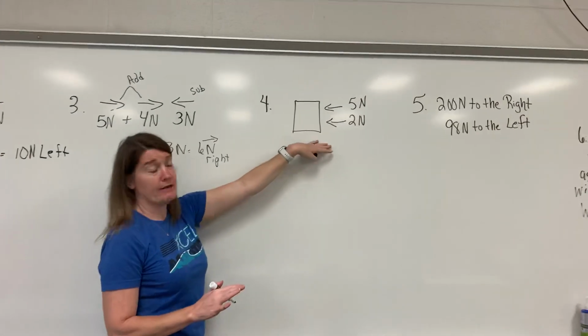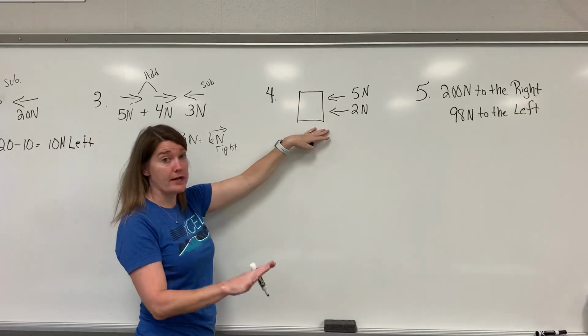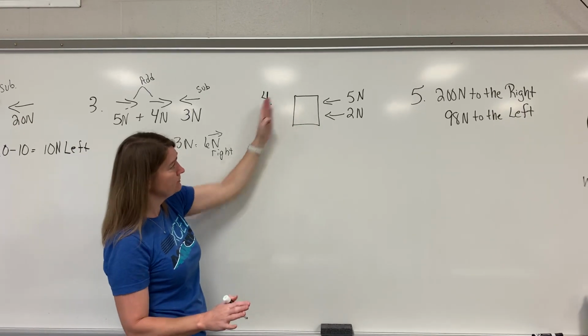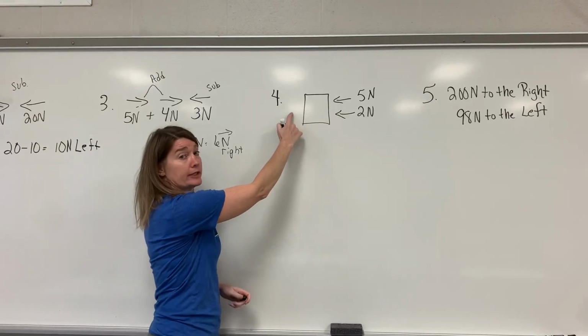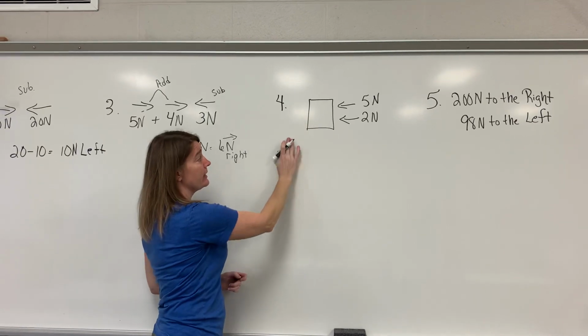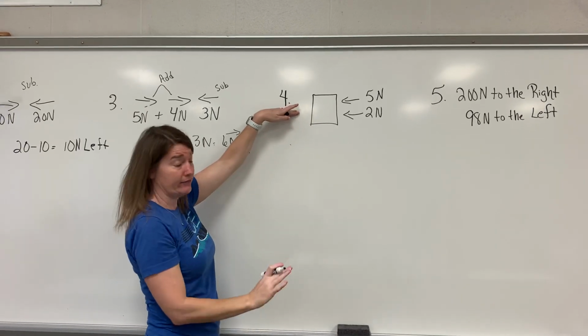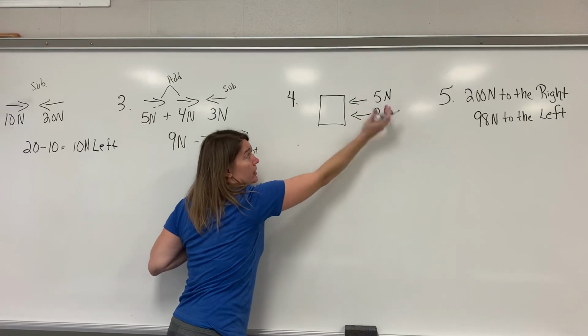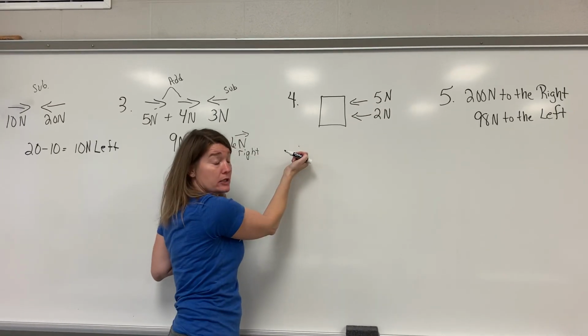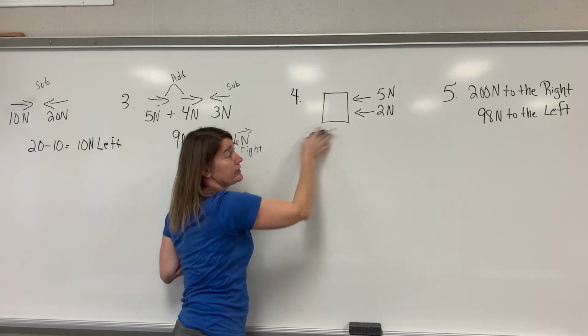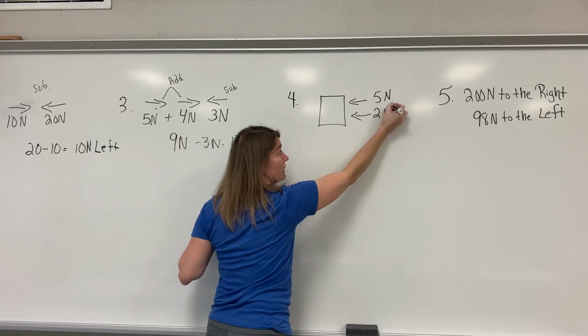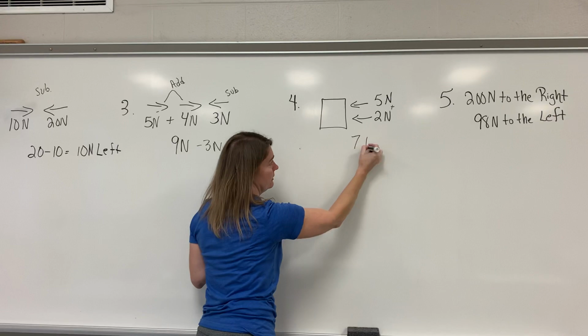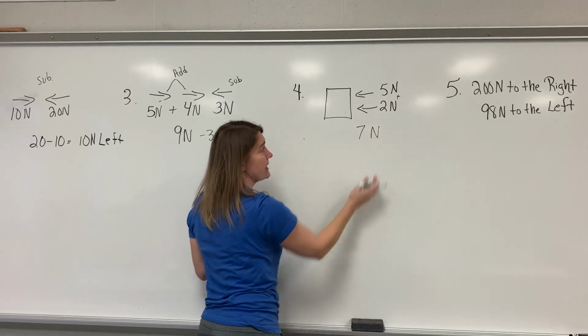All right, now we have this one. This is on the Friday worksheet. This one doesn't have any on this side, which means this side doesn't have any forces. So think of like 2 people. They're both pushing the box to the left. So if they're going in the same direction, you add them. 7 newtons, 5 plus 2 is 7.